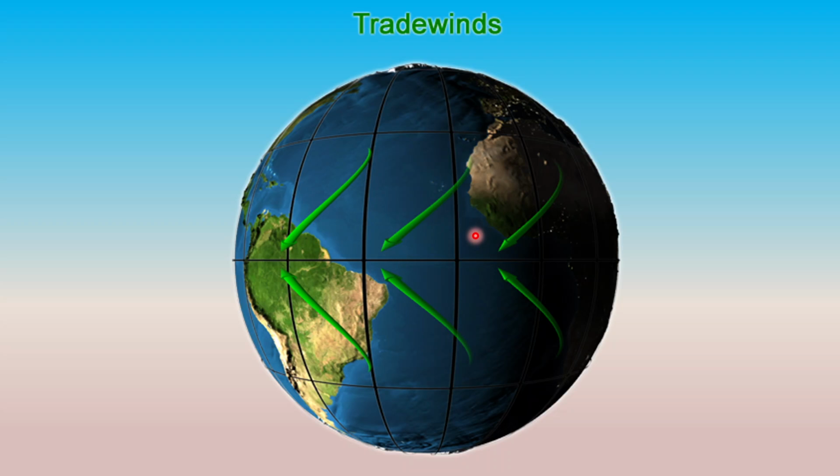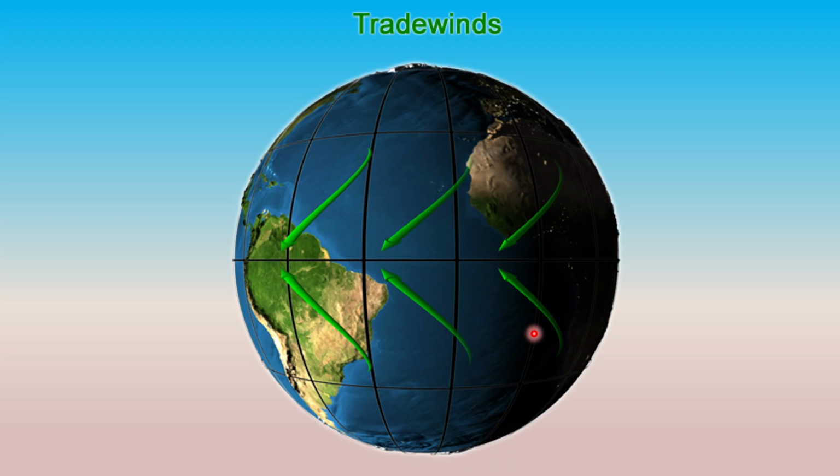These trade winds blow from subtropical high pressure, that is at 30° north and 30° south, towards the equator. In the northern hemisphere, they blow from the northeast. Here you can see they are blowing from the northeast, and in the southern hemisphere, they blow from the southeast towards the northwest.